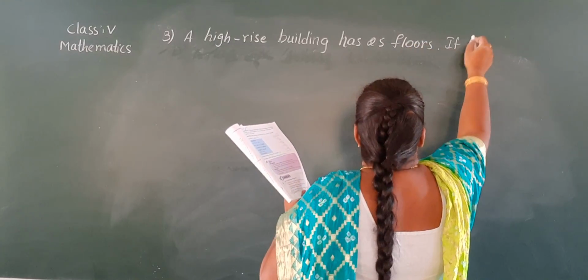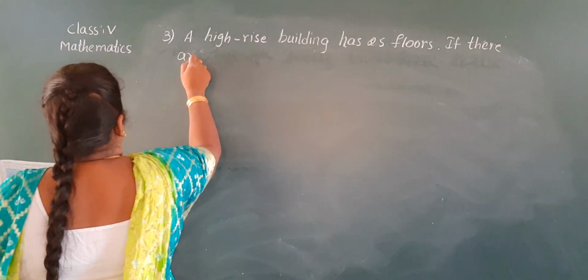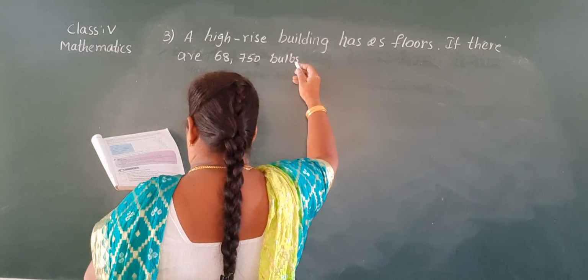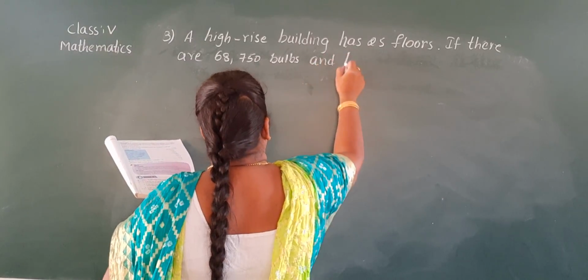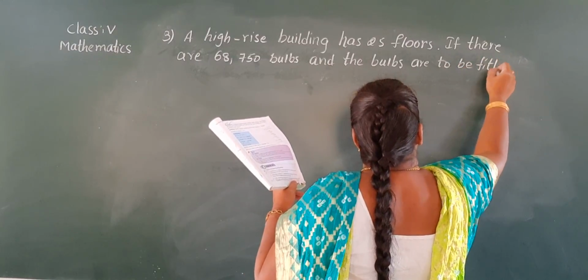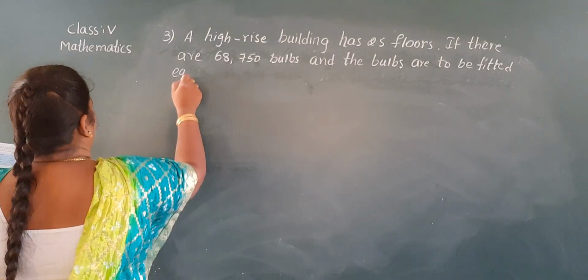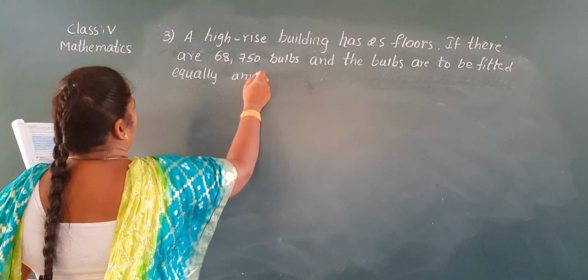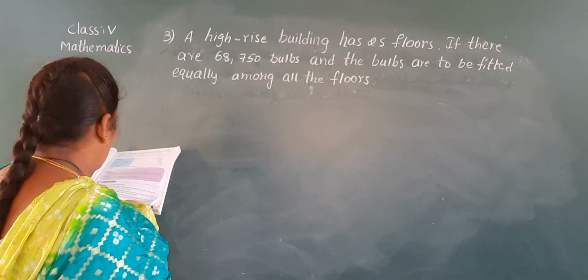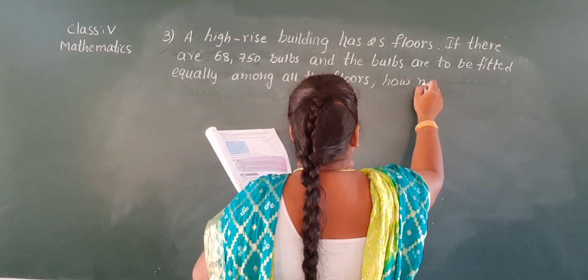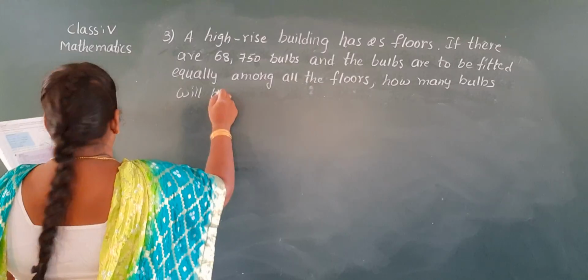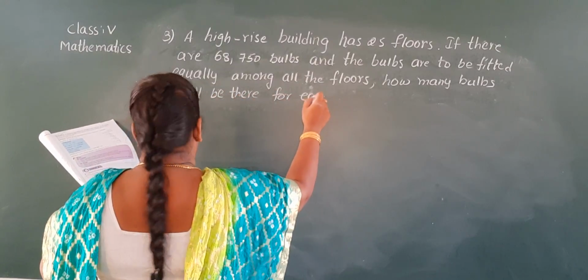If there are 68,750 bulbs and the bulbs are to be fitted equally among all the floors, among all the floors, how many bulbs will be there for each floor?